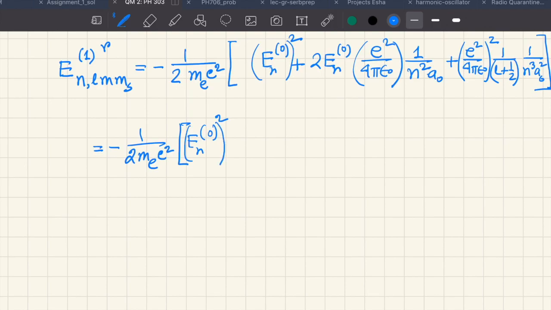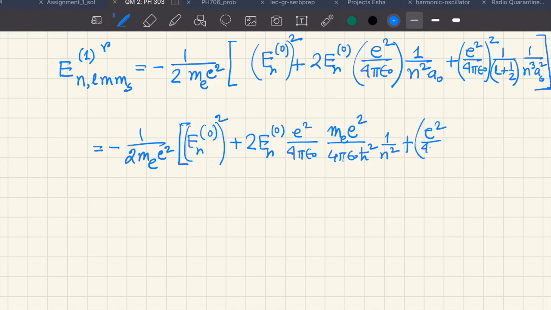En0 was our unperturbed energy, plus 2 times En0 into e square by 4 pi epsilon naught into, we replace this a0 by other parameters, m e into e squared divided by 4 pi epsilon naught h bar square, and then there is 1 by n squared, and then plus e square by 4 pi epsilon naught whole square, and 1 by l plus half remains as it is.